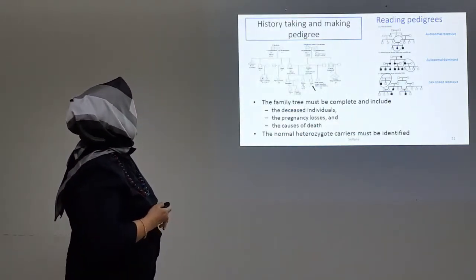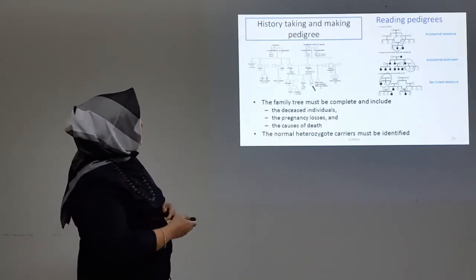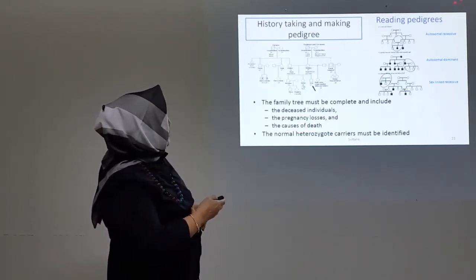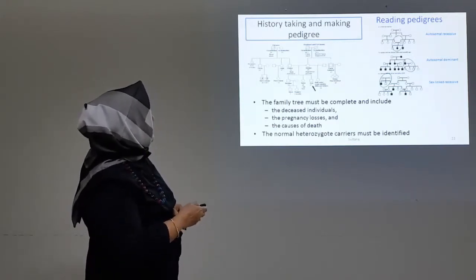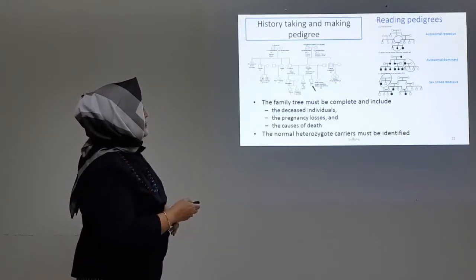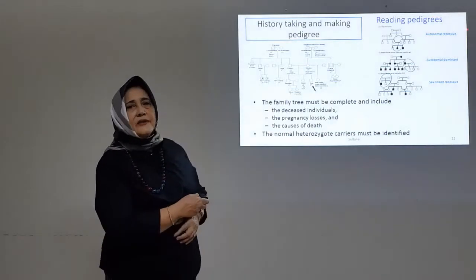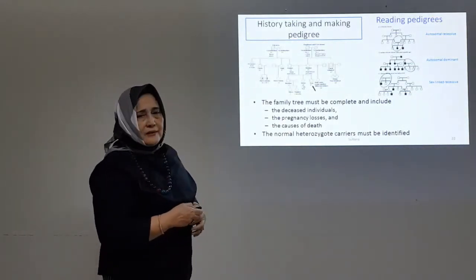The first thing when you see the patient, you have to draw the pedigree. I show you these three different pedigrees for autosomal recessive, autosomal dominant, and X-linked inheritance. You see here only the last generation affected, and here there are many affected in different generations. And this one, the affected are all male.